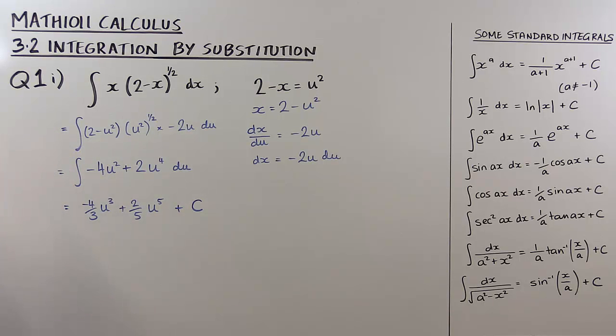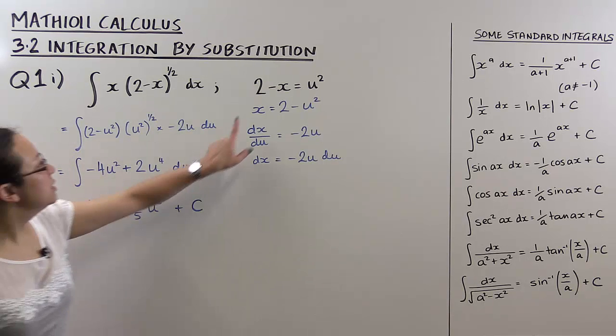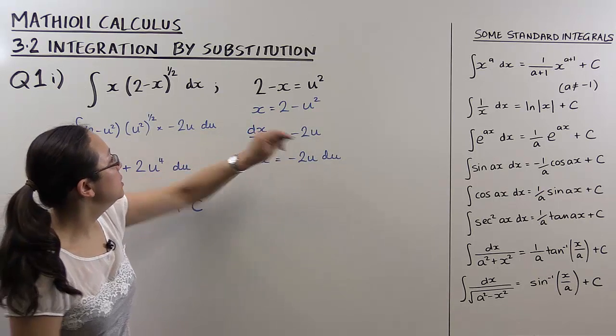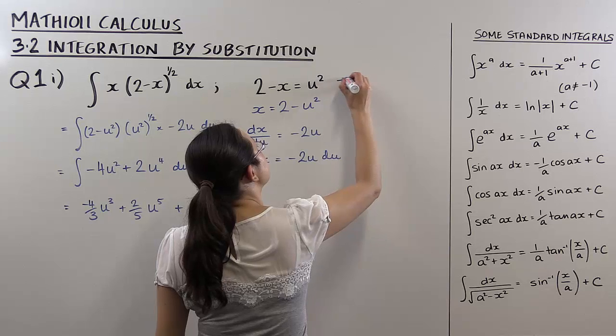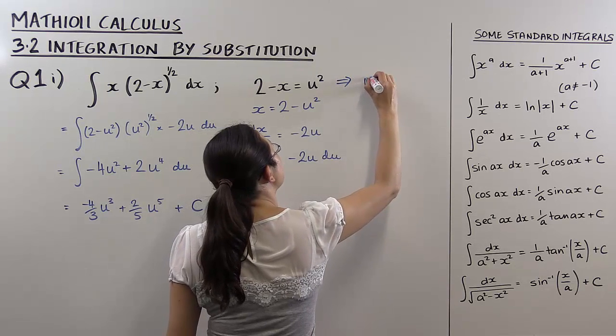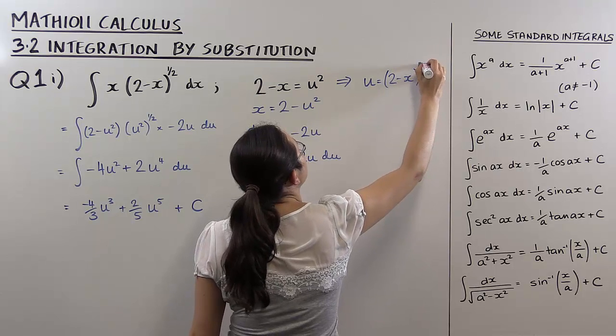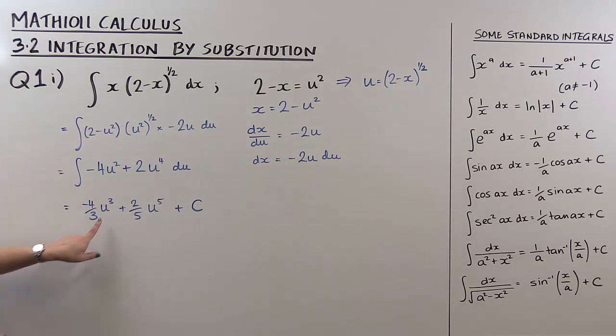And at the end of the day, we need to substitute back u, which I don't have exactly. So u squared is 2 minus x, so u I'll write as 2 minus x to the half. So I'm going to substitute back 2 minus x to the half for u.